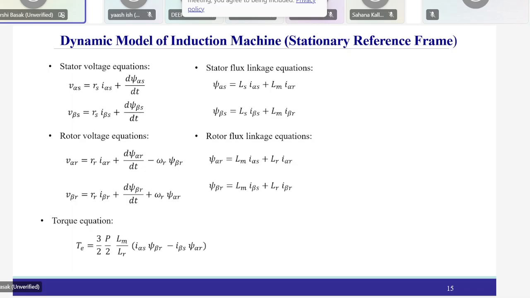Right now, if we try to do the dynamic model, you can do it in two reference frames. One is a synchronously rotating reference frame, another is the stationary reference frame.